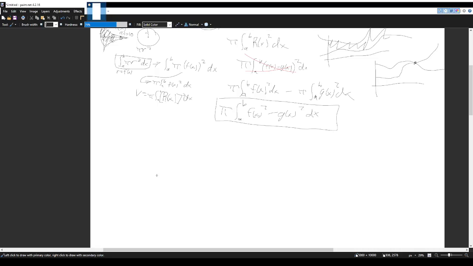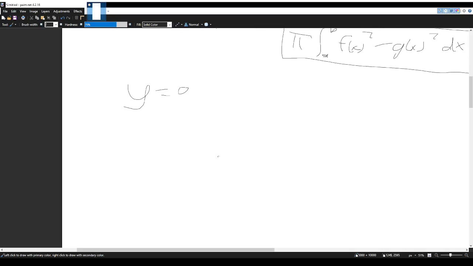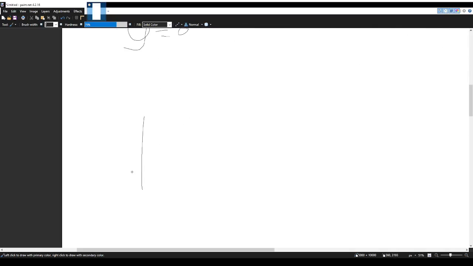So basically, what if you are going around a line that is not the x-axis? This whole time we've been rotating around the x-axis, which is y equals 0. But what if you wanted to do something like this? I'm just gonna steal the thing from the book.